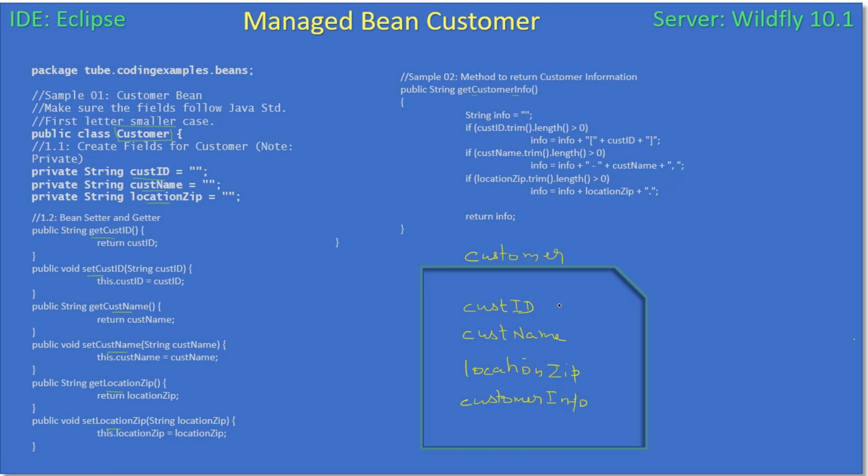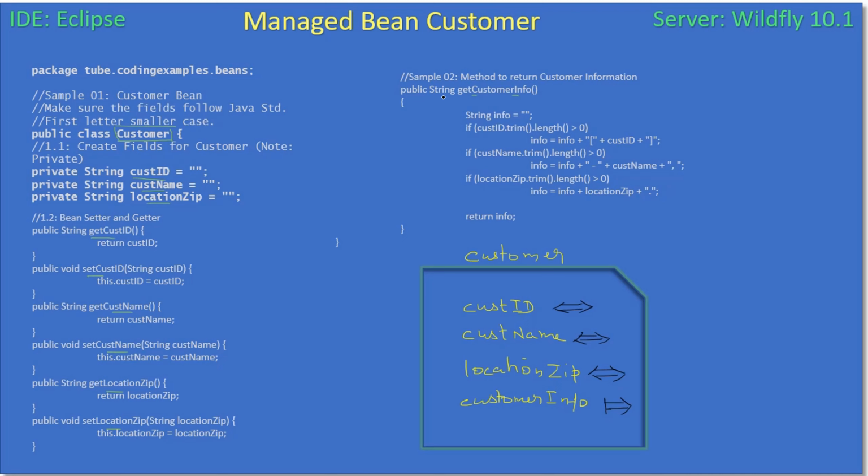The direction for the first three is two-dimensional, that means a two-way direction. So data can be retrieved from the form field and stored here, or it can be retrieved and go out to the form. The same goes for the others. And for customer info, it's just read only. We cannot store, but we can retrieve.